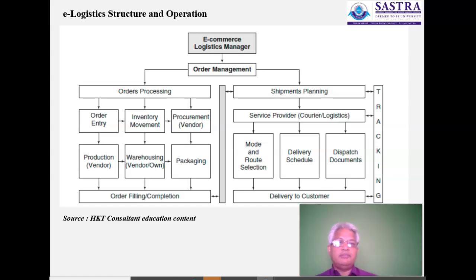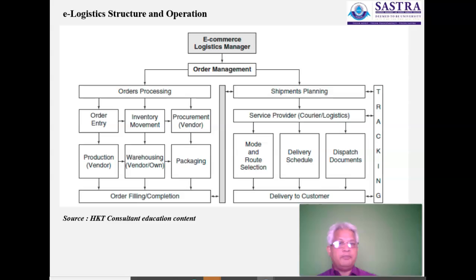Now, shipment planning is all about looking at the transportation part. That's why we don't have the word transportation mentioned on the left hand side. Transportation once again can be company owned, or this picture considers that most of the transportation done by companies is through a 3PL, that is third party logistics provider.